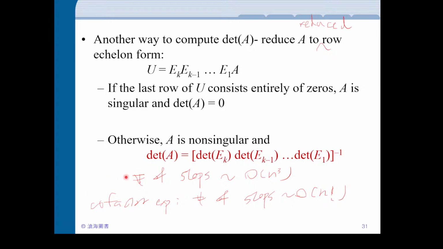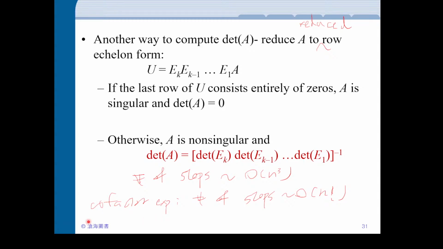And so let's do a bit of computer science calculation here. So why do I say this is faster? Because when you have a really large n by n matrix, the number of steps you need to turn it into reduced row echelon form is about n cubed.